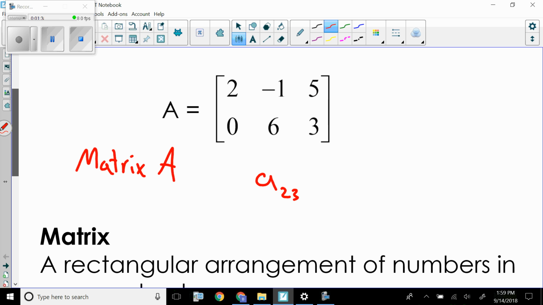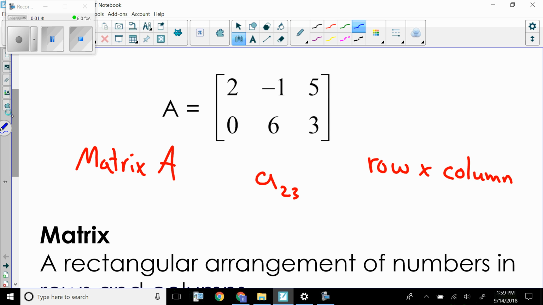Well, I know it goes row by column. So I know that this is row 2. Row 2 would be this row here. And then it says column 3.